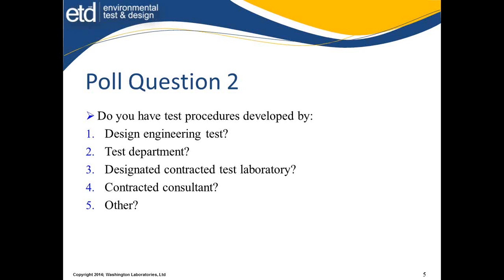Quite frankly, the test department gets involved a majority of the time and usually relies on direct contact with the design engineering group to come up with what the unit is, what its application is, etc. But the test department has familiarity with how to do a test. So they pull the procedures together very nicely, but they don't do it without a lot of product data from the design group.